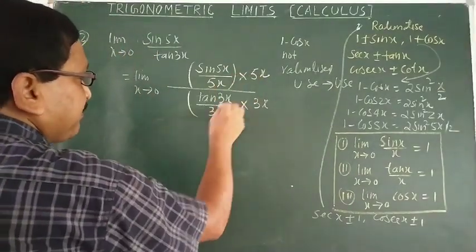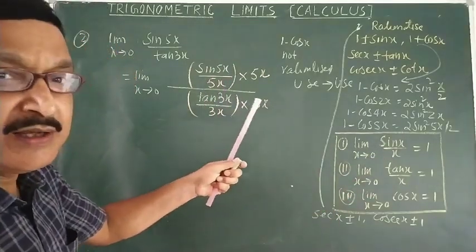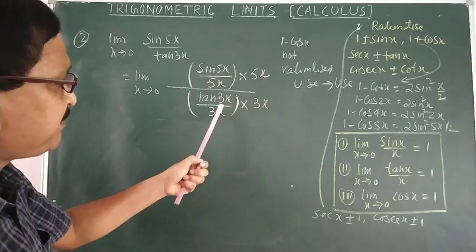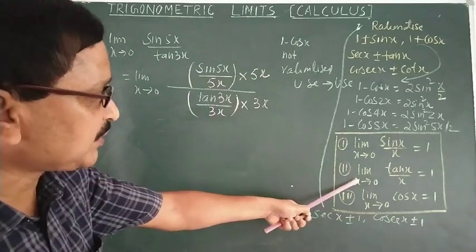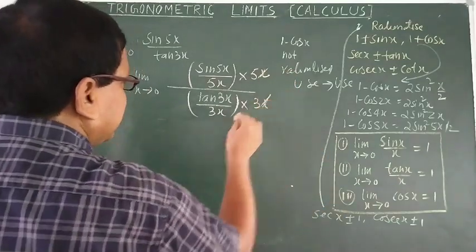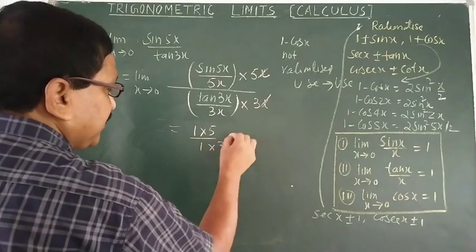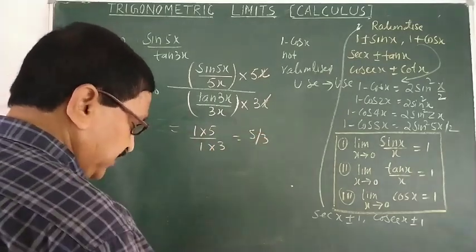Now the brackets become 1: sin x by x is 1, tan x by x is 1, with x replaced by 5x and 3x. So the first and second formulas are used. x cancels, so we get 1 into 5 by 1 into 3. So the answer is 5 by 3.